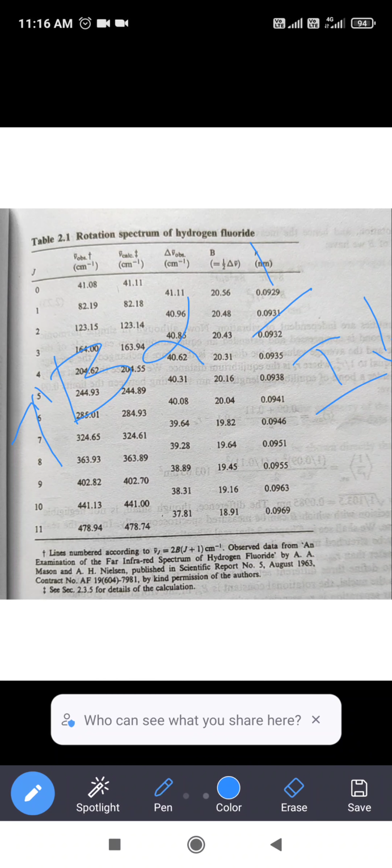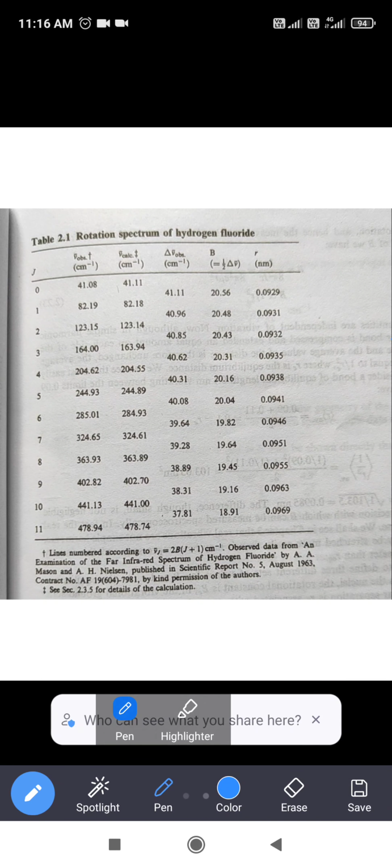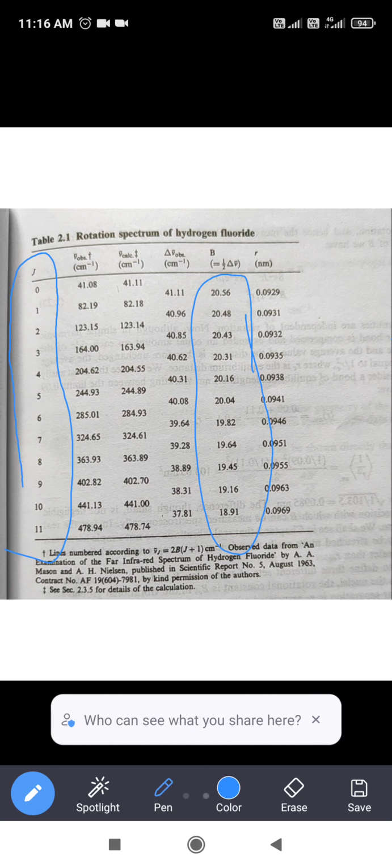So you can see, as the J value increases, B decreases. J value increasing means the energy is increasing. So when energy is increasing, the rotational constant is decreasing.